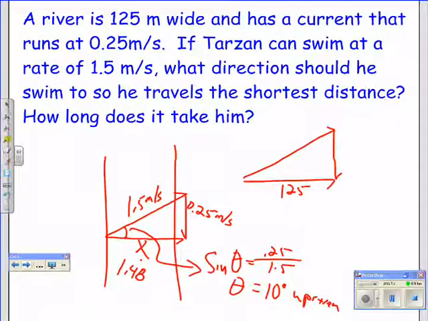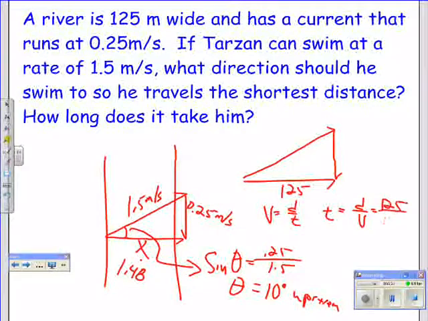So 125 is his distance. We know that speed is distance over time. So time would be distance over speed. 125 divided by 1.48 gives you how long it takes him. About 84 seconds, somewhere there, 85 seconds, something like that.